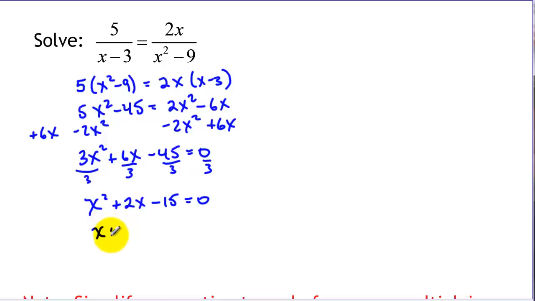So that's going to be x plus 5 times x minus 3. And so we get possible solutions of negative 5 or 3. If we put these into the original equation, this answer will cause both denominators to be 0. So this answer is extraneous.